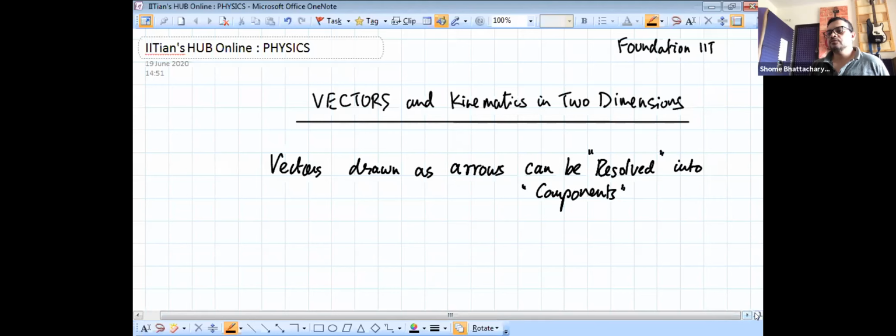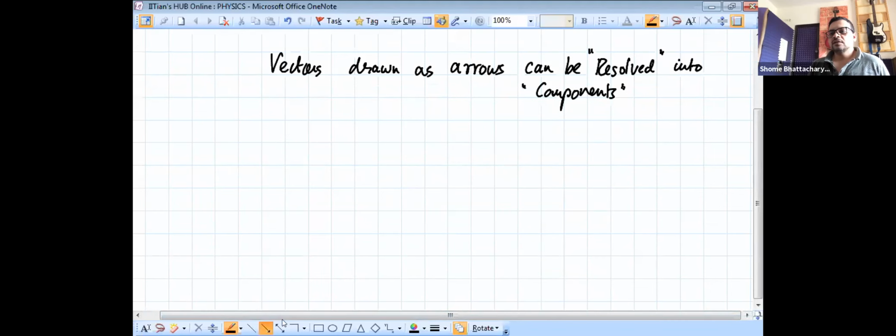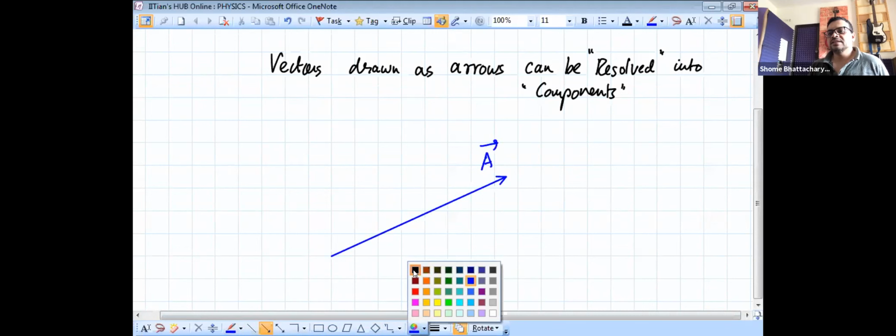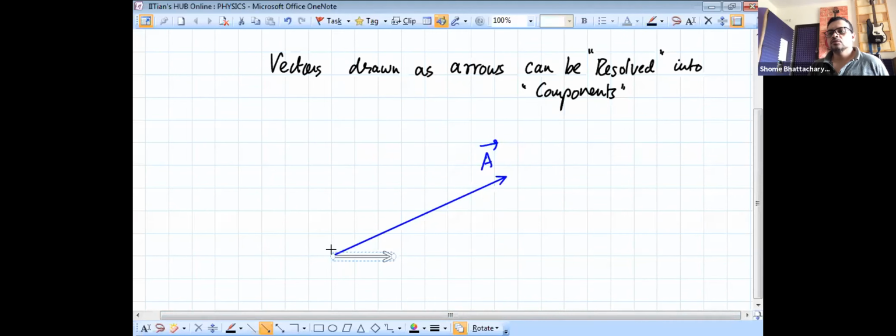So we saw that, for example, if we have a vector like this, and it is making some angle with the x-axis which is known to us. We've drawn our x-axis like this, we've drawn our y-axis like this.